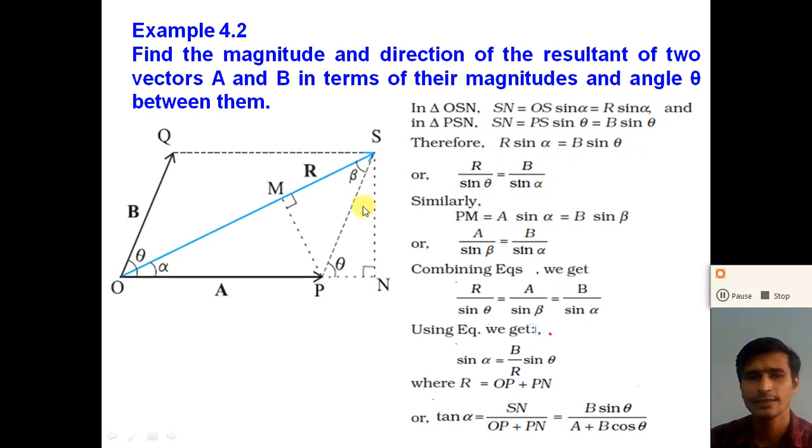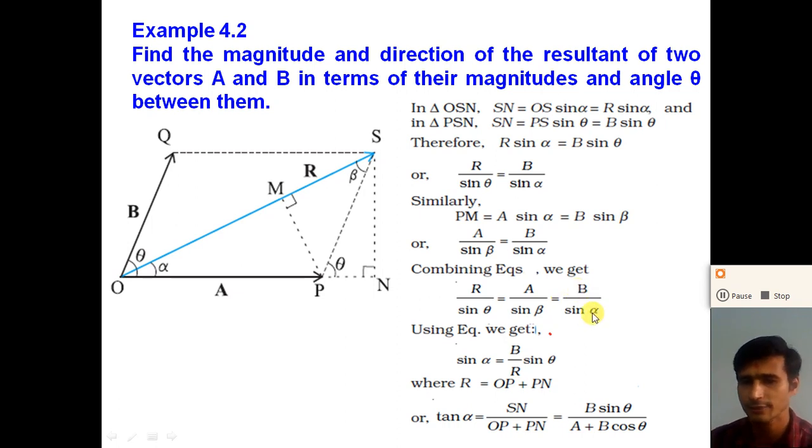Similarly, in the triangle PM, A sin alpha is equal to B sin beta, and from that A divided by sin beta is equal to B divided by sin alpha. Combining these two equations, we get R by sin theta is equal to A by sin beta is equal to B by sin alpha.